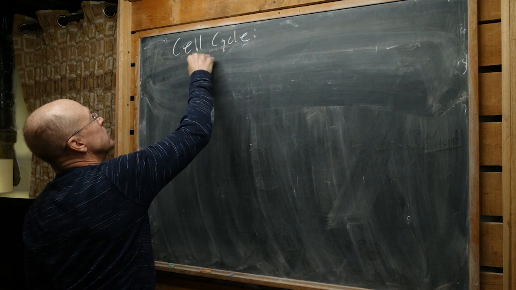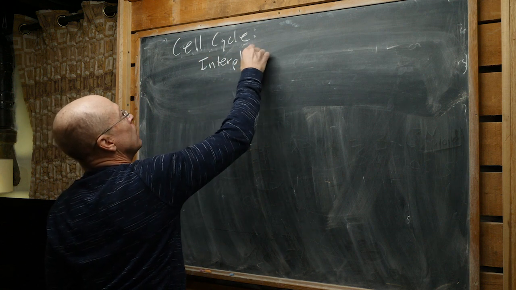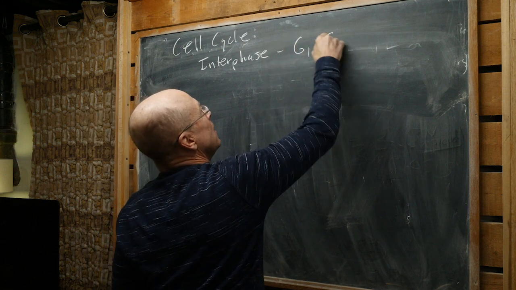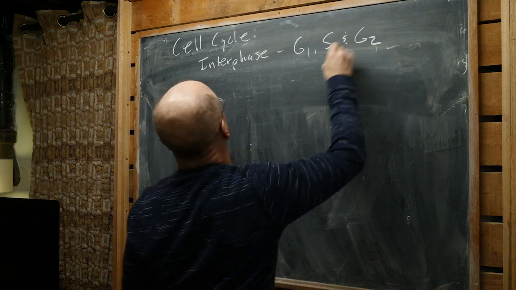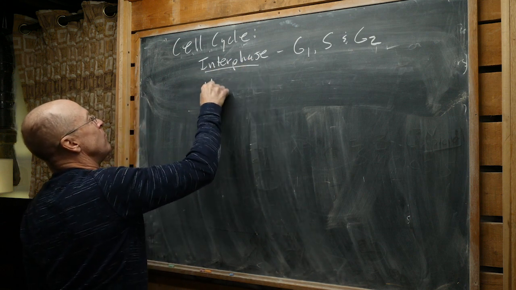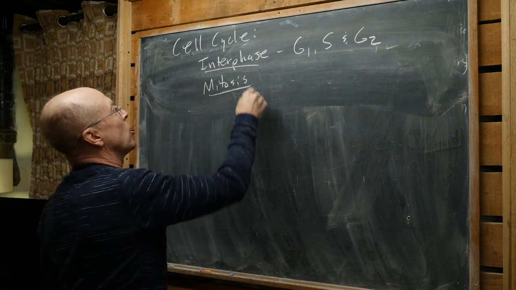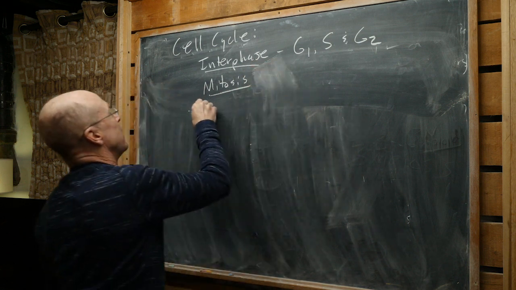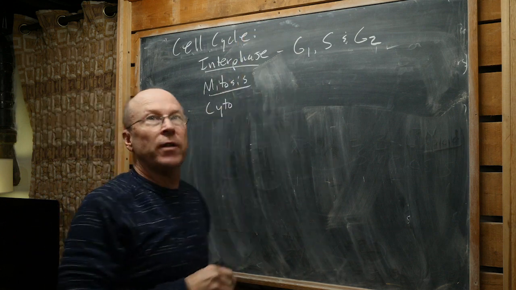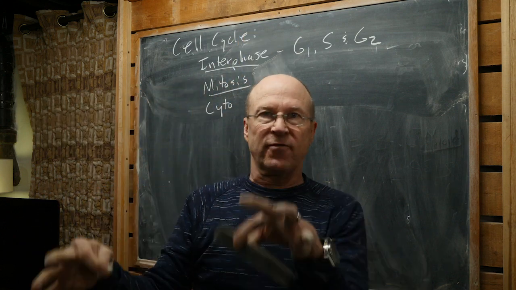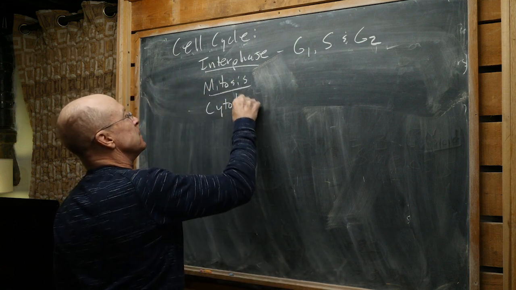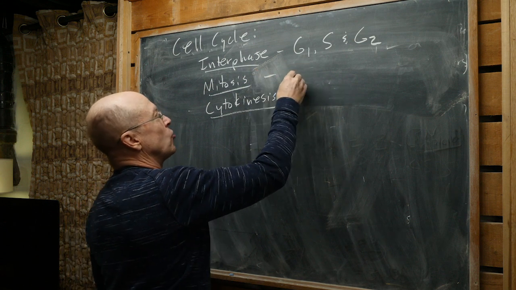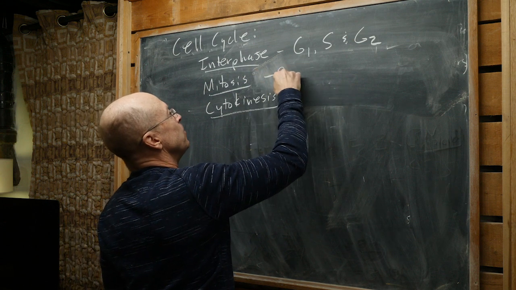The cell cycle is going to involve interphase, which we will further divide into what's called G1, S, and G2, and then it's going to involve mitosis, and the way we're going to do it is plus cytokinesis. Well, actually, I'll leave that down here. I'll say cytokinesis. We're talking about a cell cycle that actually produces 2 complete cells from 1. So cytokinesis.